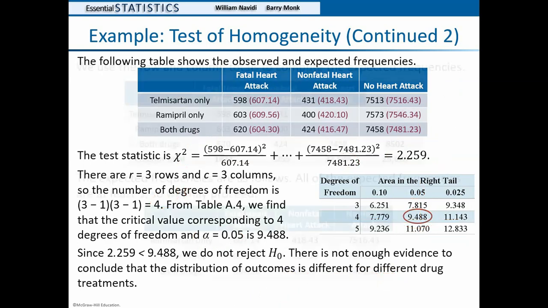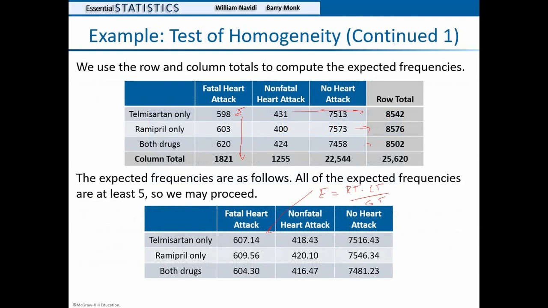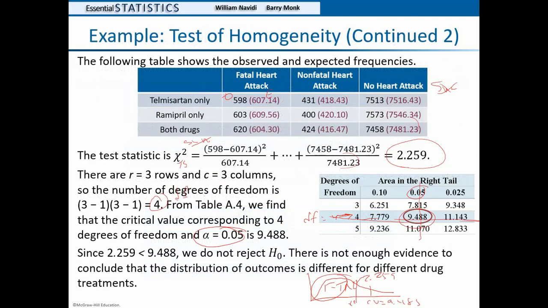And what was the H0? It says that the distribution of outcomes is the same for all drug treatments. So we cannot reject this. Okay.